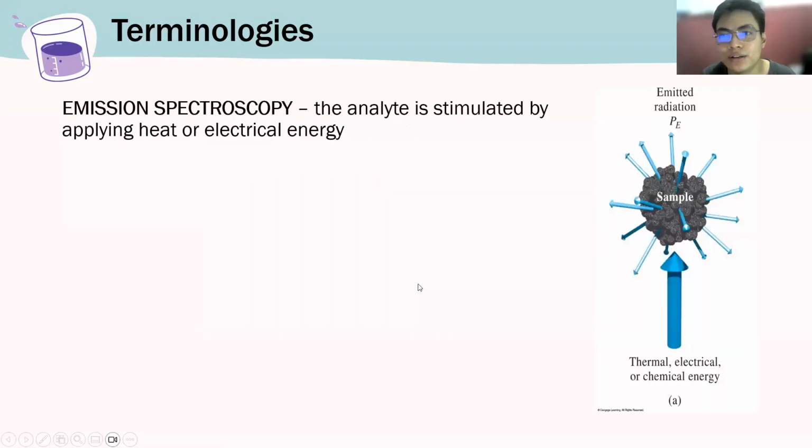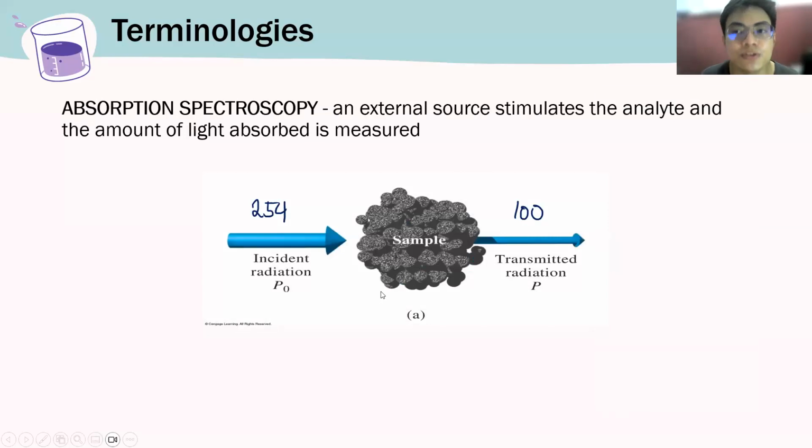So yun yung tatlong uri ng spectroscopy. We have emission spectroscopy where the energy is put into your sample and your sample becomes the source of light. Then you have your absorption spectroscopy where yung sample mo, kukuha lang siya ng energy.